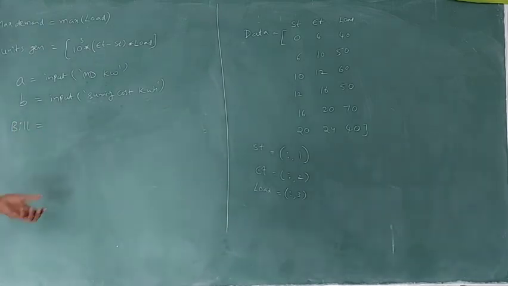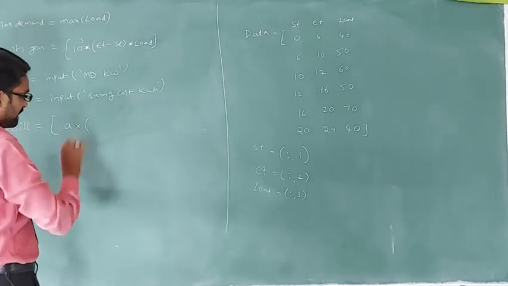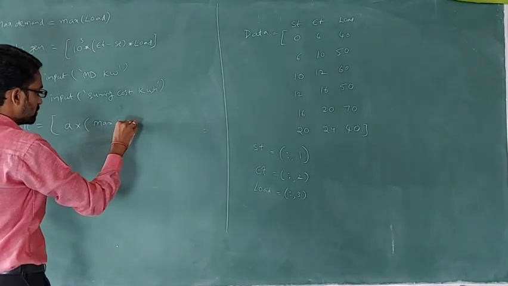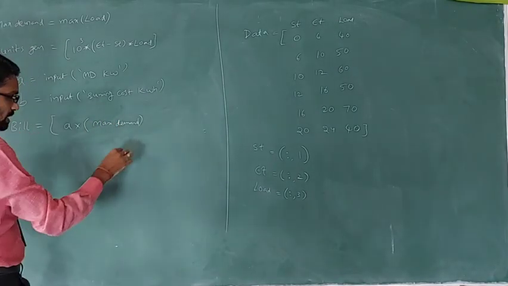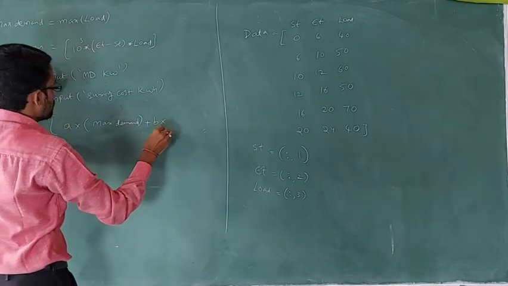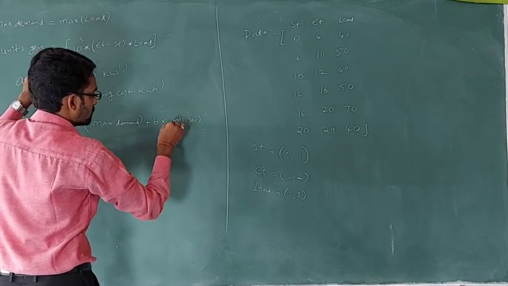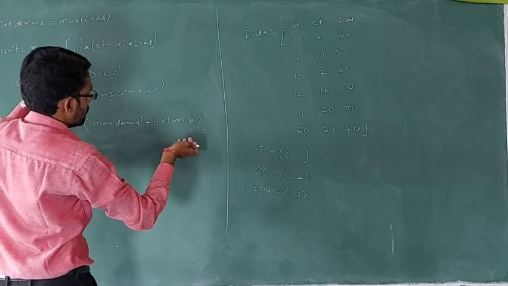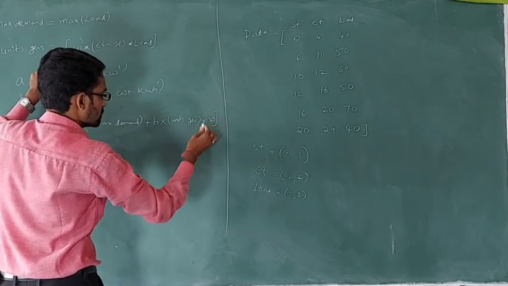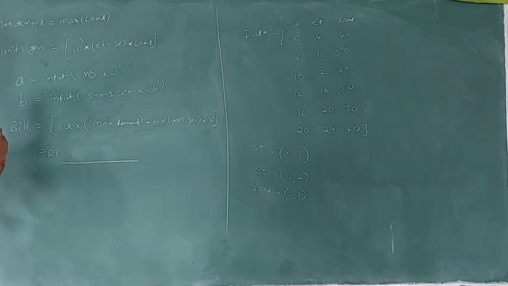The bill value we are calculating is A into maximum demand plus B into units generated into 30 we have to consider. So that gives your electricity bill in rupees.